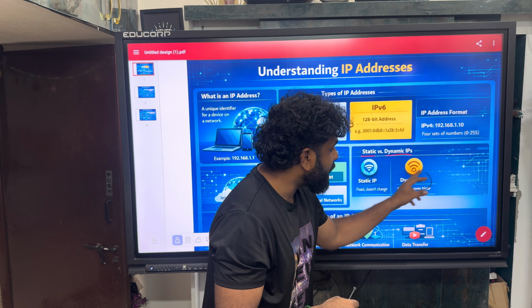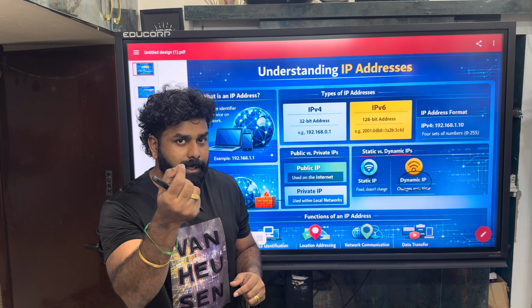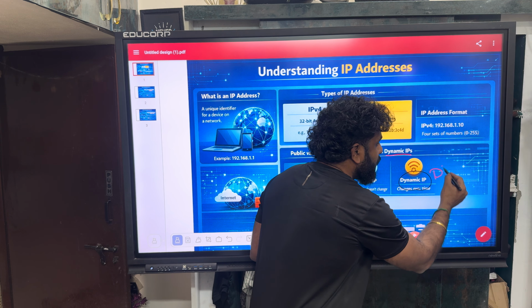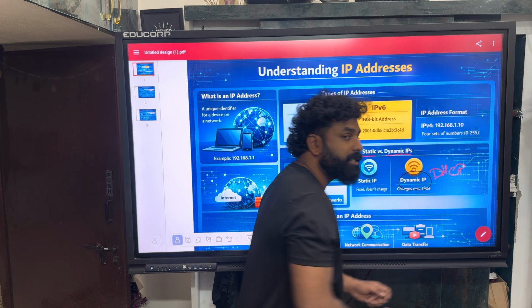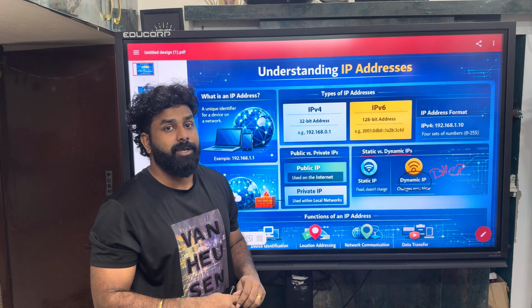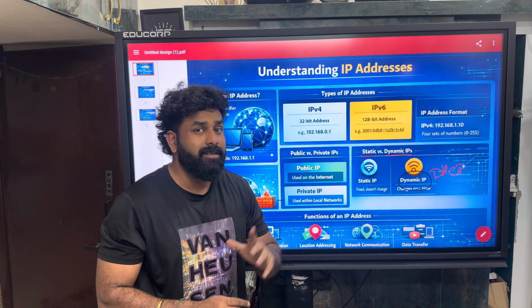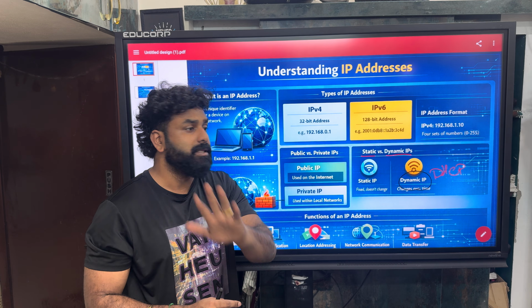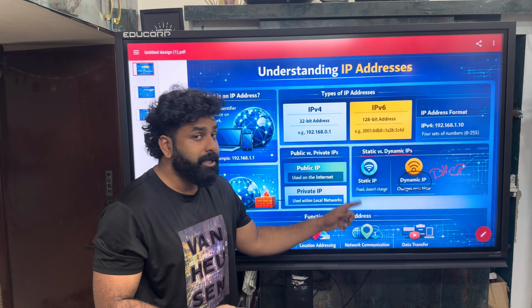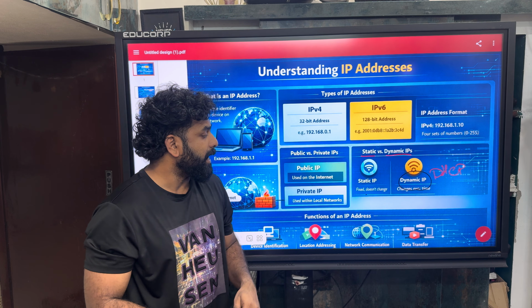Talking about dynamic IP, these IPs are automatically received by the devices with the help of a protocol called DHCP, Dynamic Host Configuration Protocol. That's a protocol which provides IP addresses to the end devices. If the DHCP server is giving you an IP address, that's termed as a dynamic IP. If you are manually entering an IP address on your computer, that's called static IP.